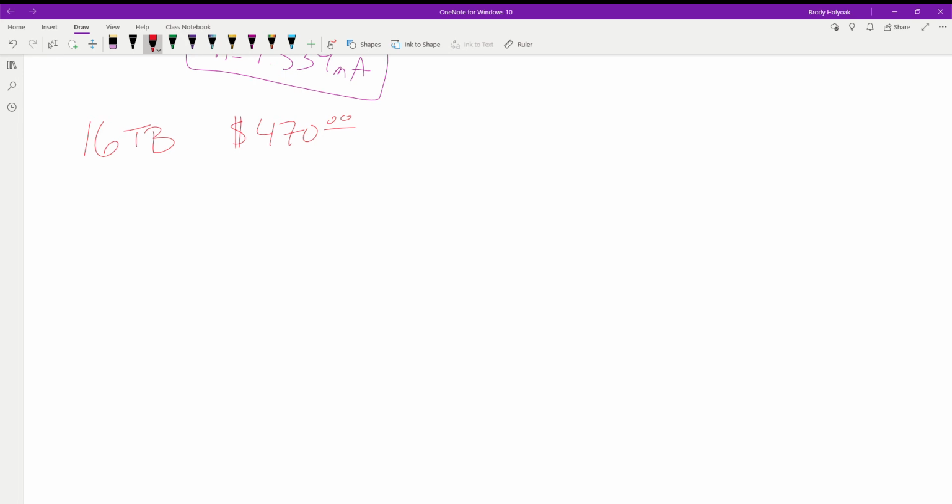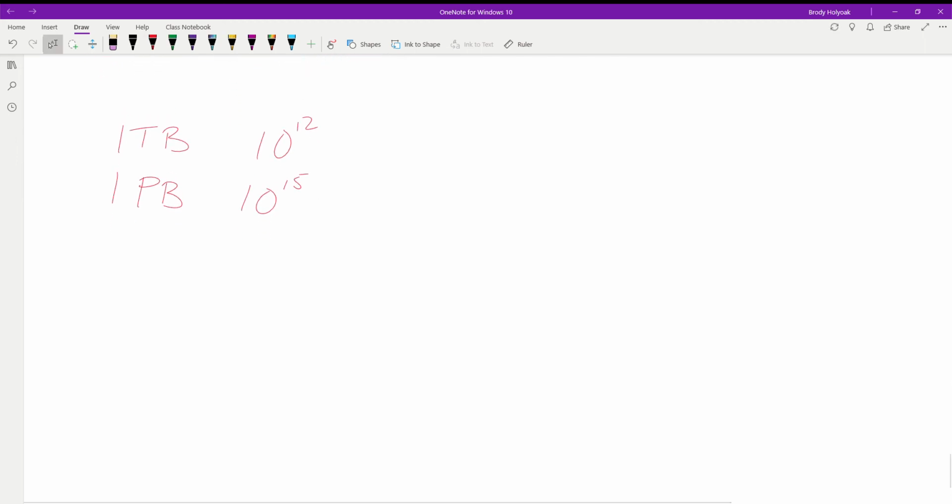Also, because of the nerd I am, I wanted to see how big of values, as far as engineering notation, we have that are listed. So we have a terabyte, which is 10 to the 12th. We have a petabyte, which is 10 to the 15th. We have an exabyte, which is 10 to the 18th.